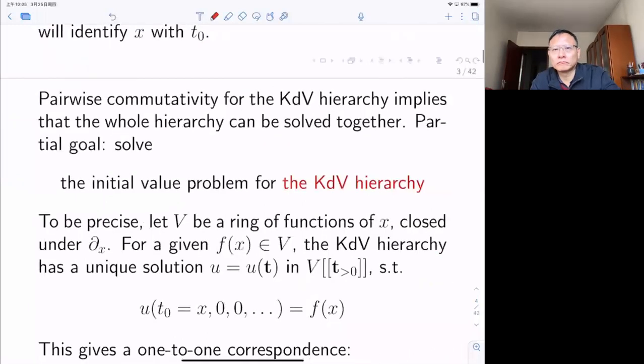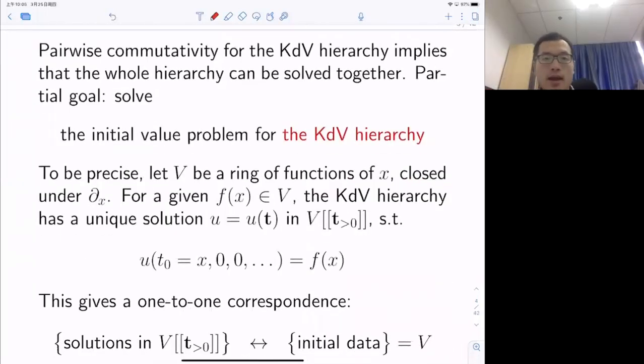This pairwise commutativity, as I just explained, implies we can solve the equations together. The partial goal of our study is to solve the initial value problem of the KdV hierarchy, that is, the whole family of equations, not just one equation. Because of this, we have infinitely many equations to solve.